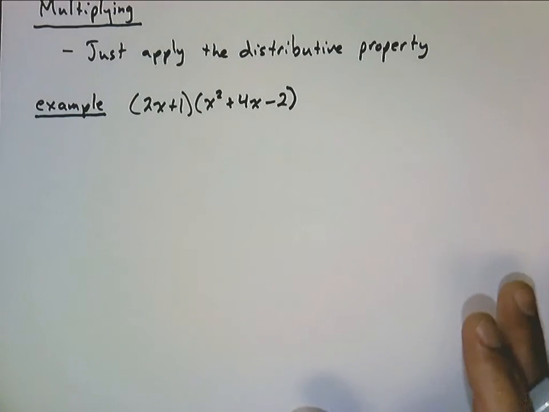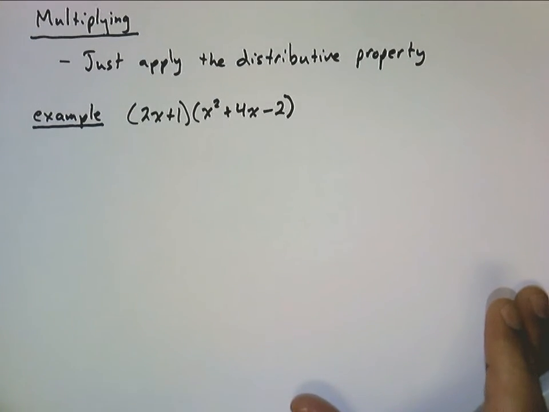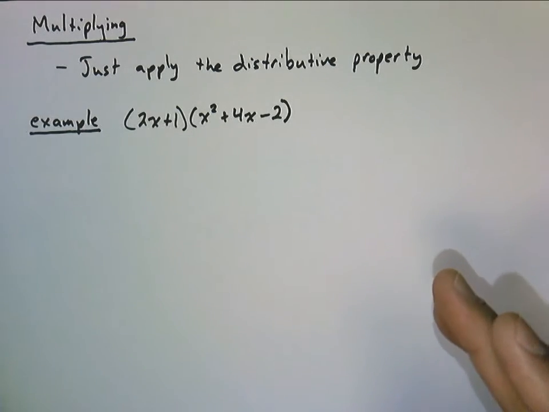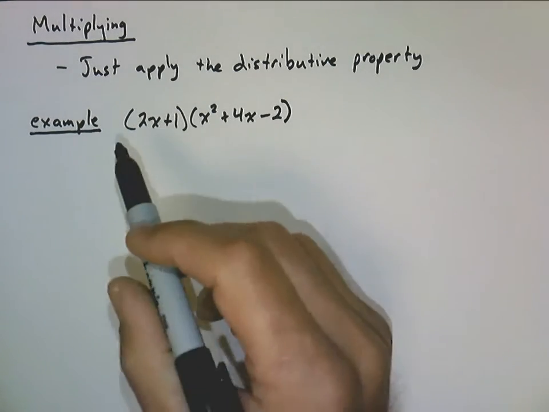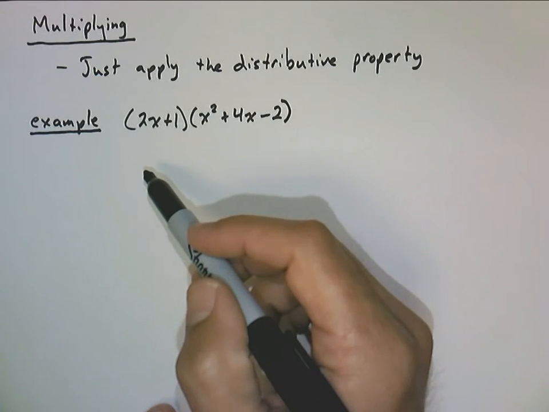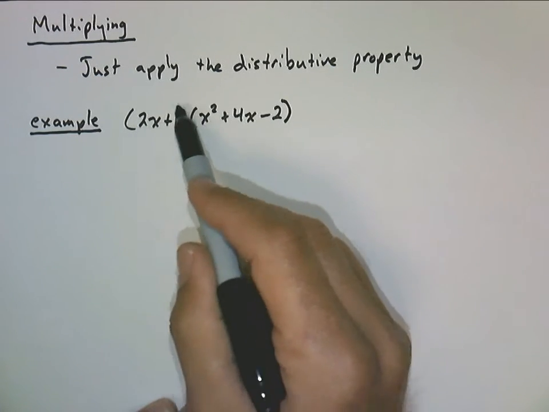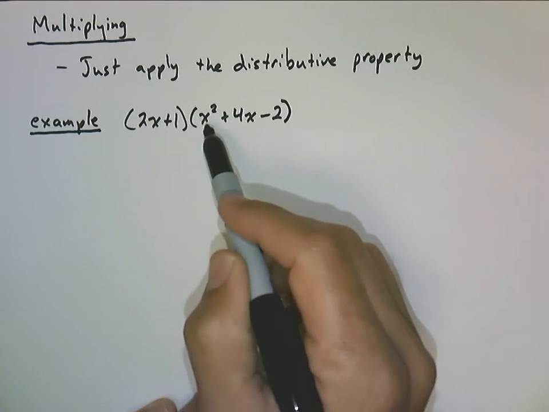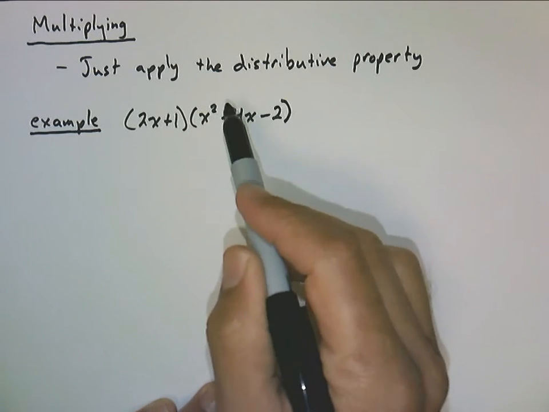Also, we can multiply two polynomials together. And just like adding or subtracting, we've seen this before. This is nothing more than simplifying. But when we're multiplying two polynomials together, all we're going to do is just apply the distributive property. Here we can distribute this linear polynomial, 2x plus 1, to each of the terms in this quadratic polynomial.